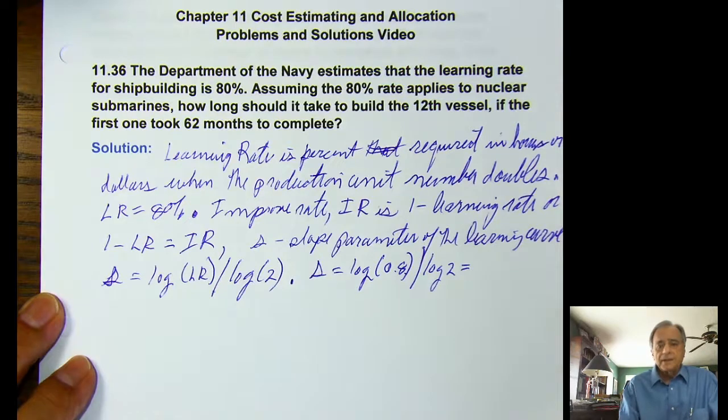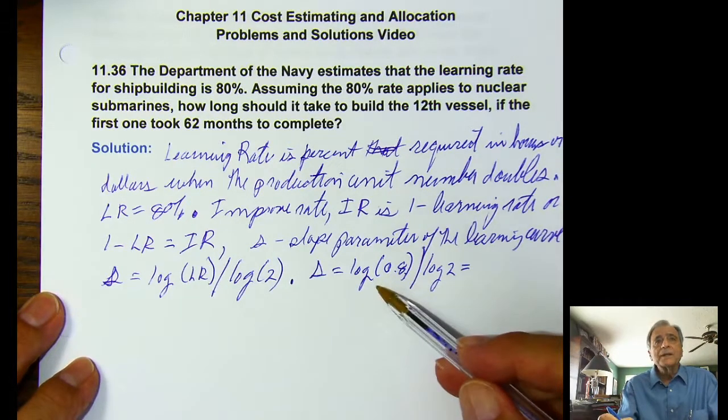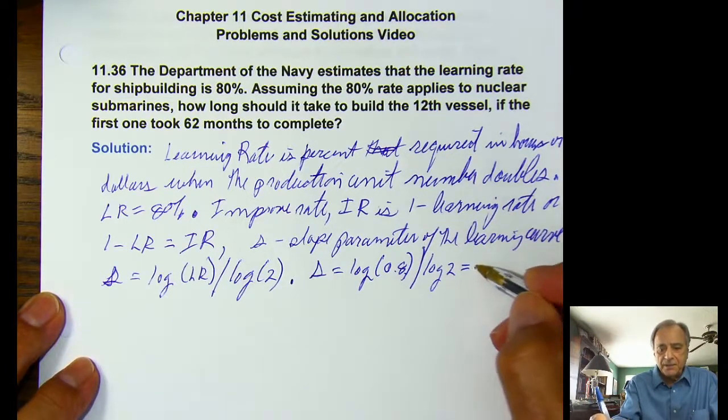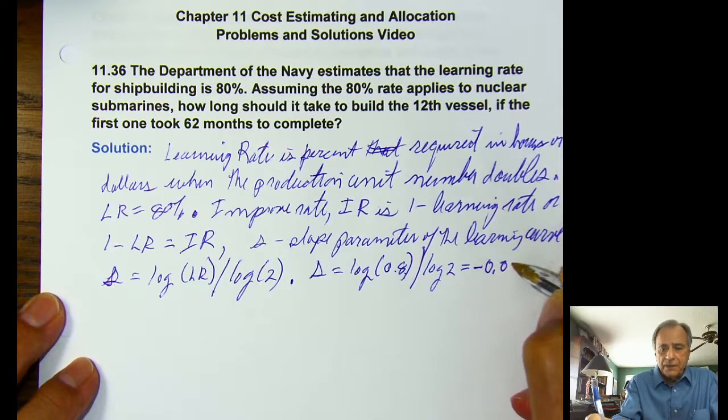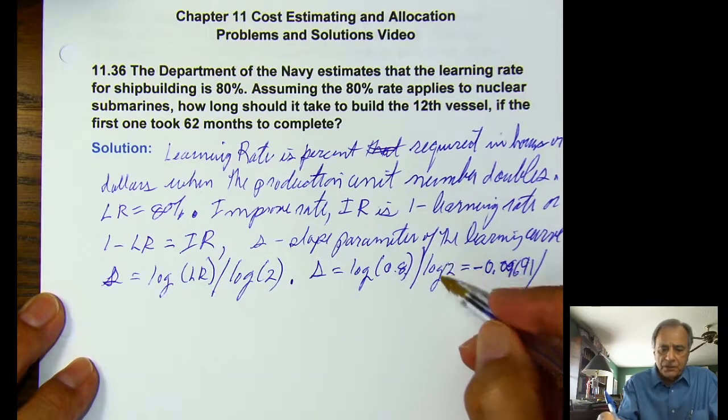It turns out that the log of a number less than 1 is going to be a negative number, and this turns out to be minus 0.09691 divided by, and then you've got the log of 2 here.